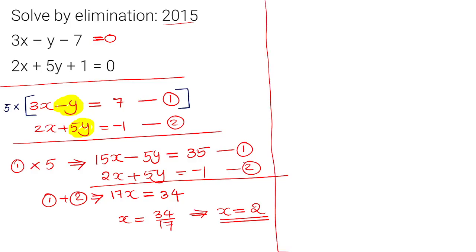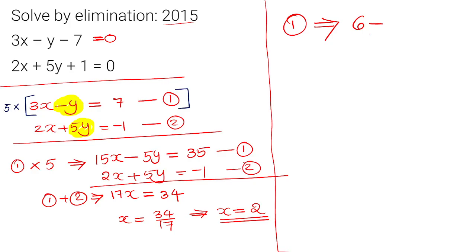x equal to 2, substitute in any of the equations. Let it be the first one. Let me put x equal to 2 here. 3 into 2 will be 6.